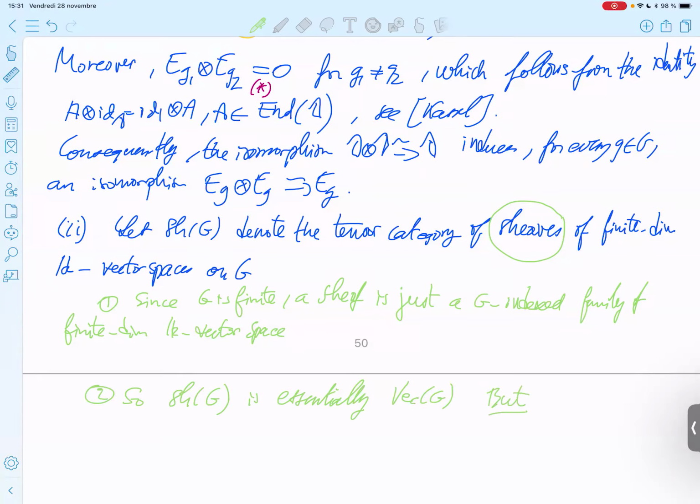But the essential difference is that here you consider the pointwise tensor product.